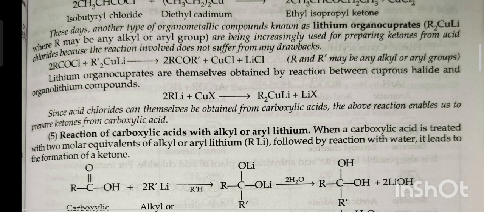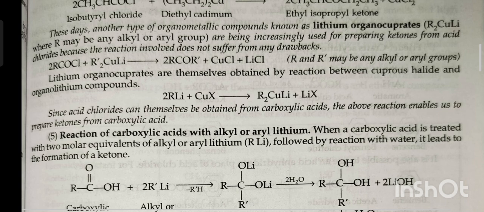R and R dash may be any alkyl or aryl groups. Lithium organocuprates are themselves obtained by reaction between cuprous halide and organolithium compounds. Since acid chloride can themselves be obtained from carboxylic acid, the above reaction enables us to prepare ketone from a carboxylic acid.